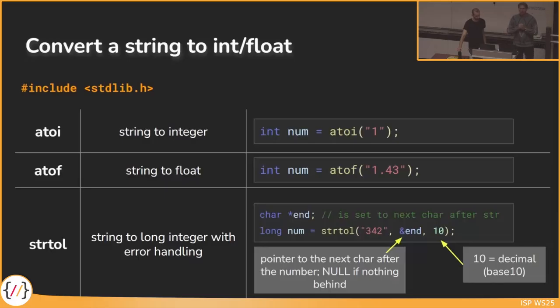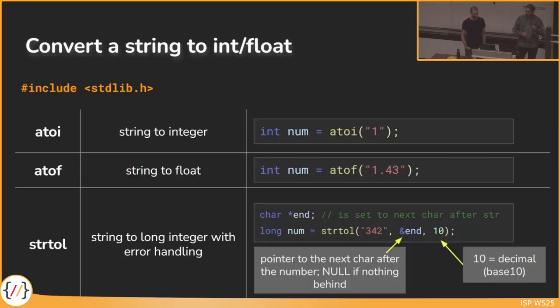It's just another function, atof in this case. Again, you pass the string of the float value to the function, and then you will get the float value with the data type float back from this function. But okay, we can use these functions, but they're not very, I would say, intuitive, because they return 0 if there is an error.